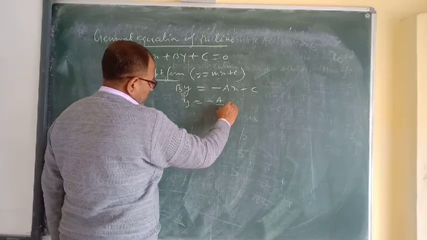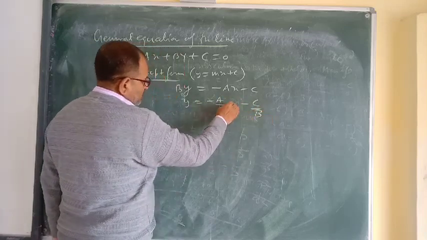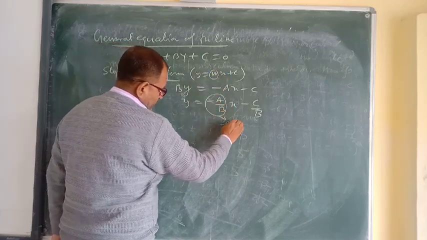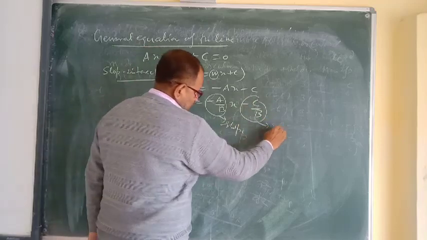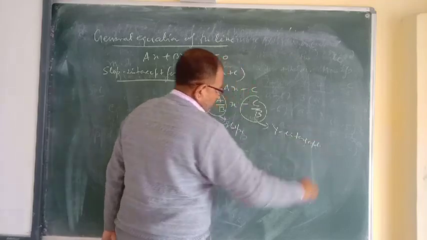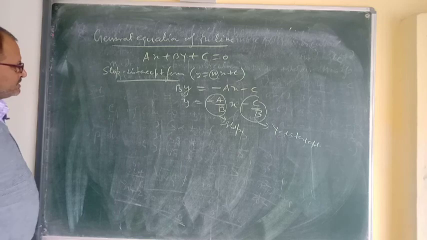Minus a upon b into x minus c upon b. So coefficient of x, that is m, this one is the slope, and minus c by b, it is y intercept.